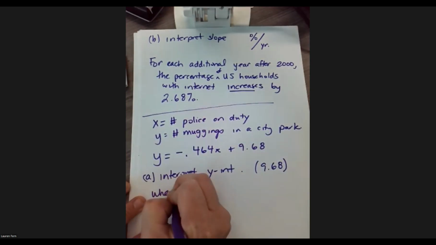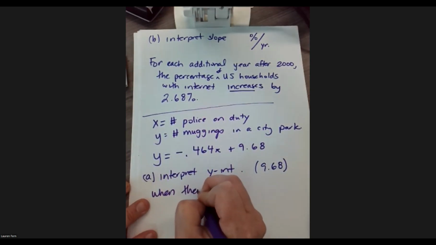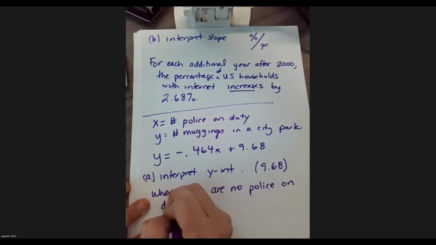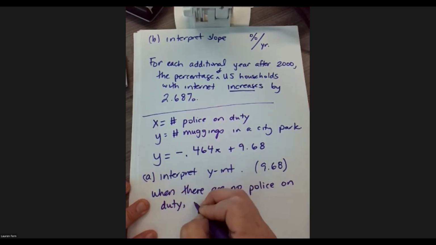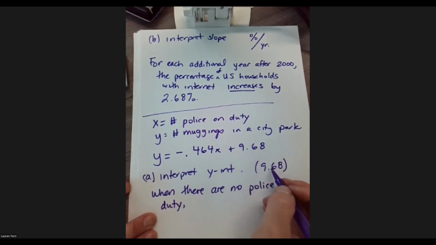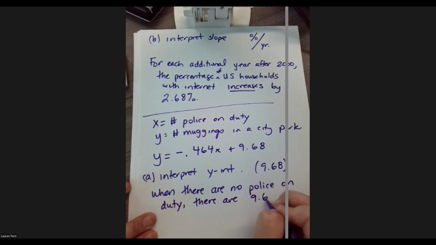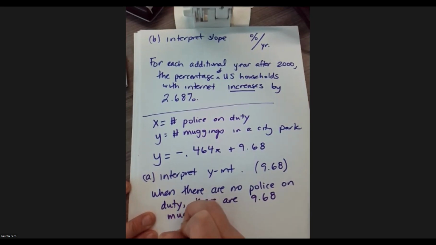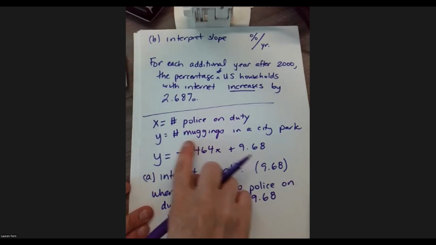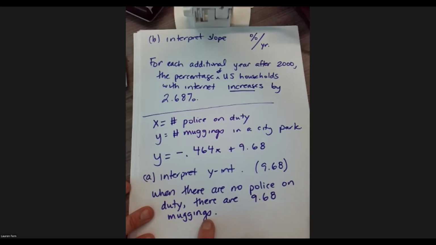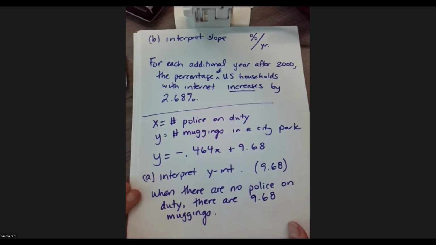Well, when X is 0, when there are no police on duty, this gives us our Y value, which is the number of muggings. There are 9.68 muggings. Again, just as we did with the previous example, we first say what it means for X to be 0, put it in the context of the question, and then give our y-intercept in context.